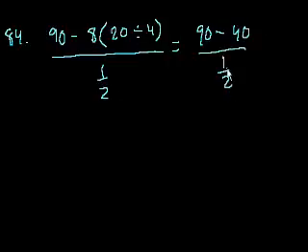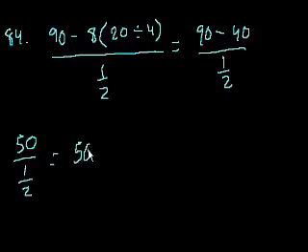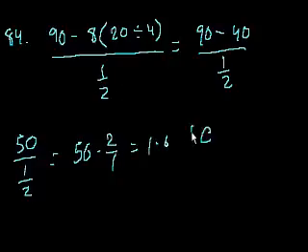All of that over 1/2. That becomes 50 over 1/2, which is the same thing as 50 times 2 over 1, which is equal to 100. That's choice C. That's just one you have to do quickly and not make a careless mistake. I hope I did it quickly. I don't know if I made a careless mistake.